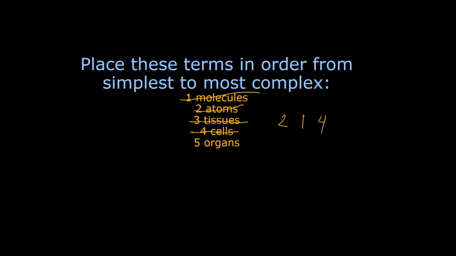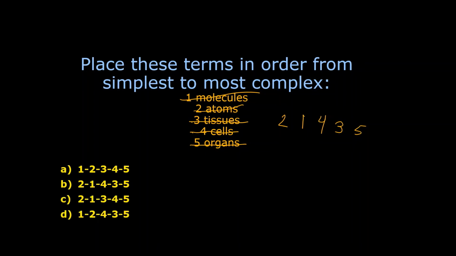Cells combine to form tissues, and then tissues combine to form organs. So the answer should be 2, 1, 4, 3, 5. And all we have to do now is look for the correct sequence. Nope. 2, 1, 4, 3, 5. That looks beautiful. In fact, that has to be it because that's what we came up with. That's different. That starts with a 1. So it's got to be B, and it is.